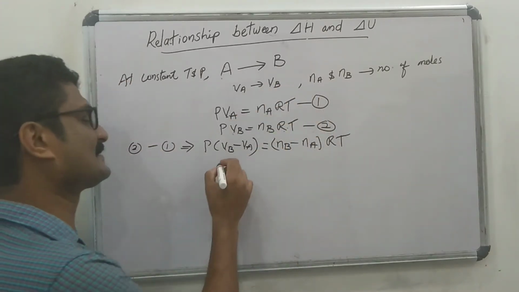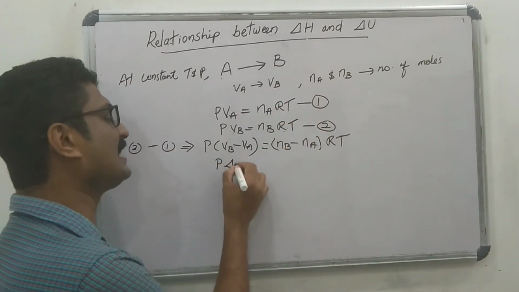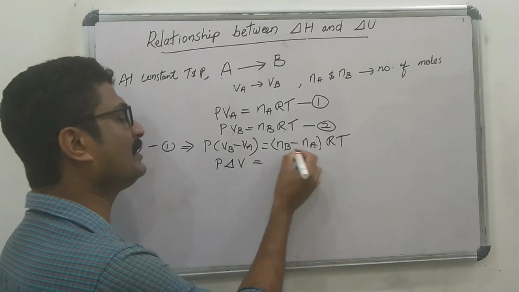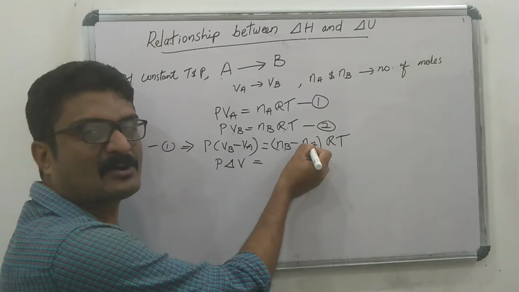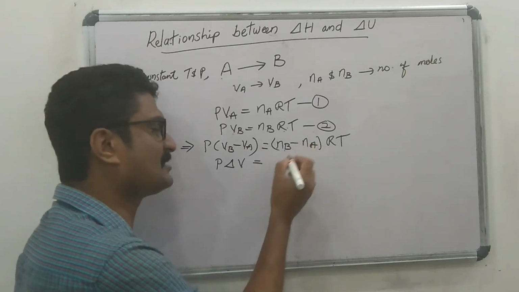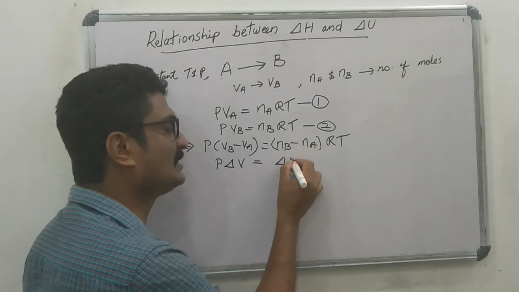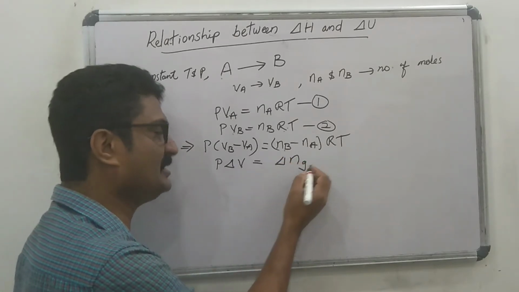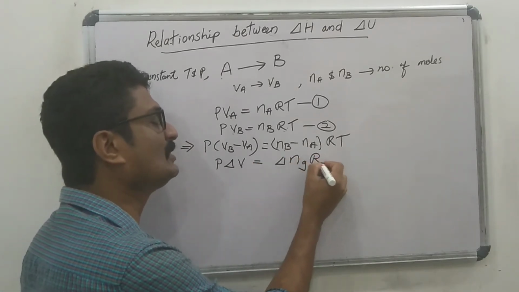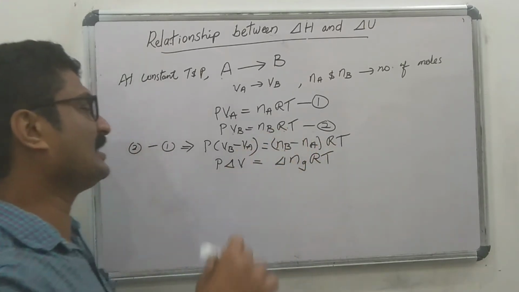That is P delta V equal to NB minus NA, number of moles of the gaseous product minus number of moles of the gaseous reactant, which gives the change in the number of moles of gases, that is delta Ng. P delta V equal to delta Ng RT.